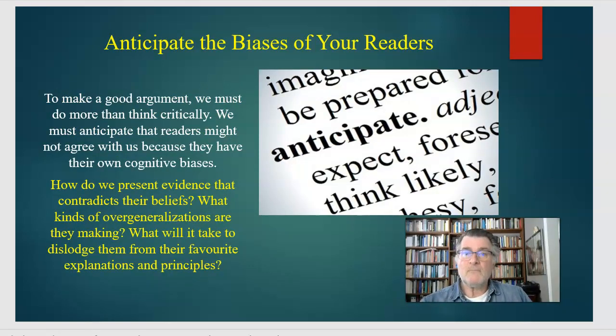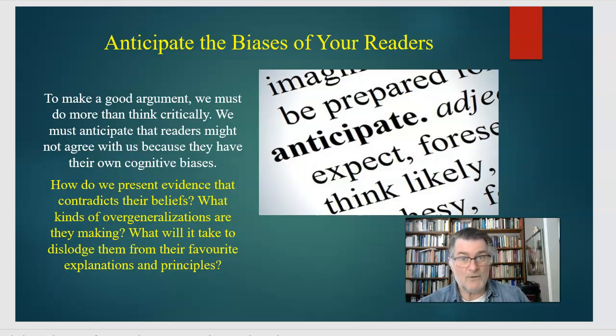So now here we're talking about anticipating the biases of your reader. We're talking now about a paper, and this is where I collected this information. It's still the same process, because the reader in this case could work for an insurance company or the fire station or city hall, and you are now submitting that report.